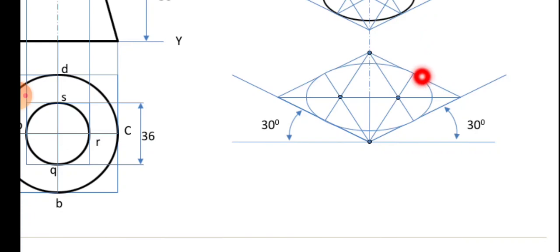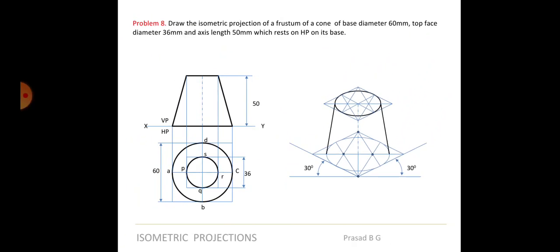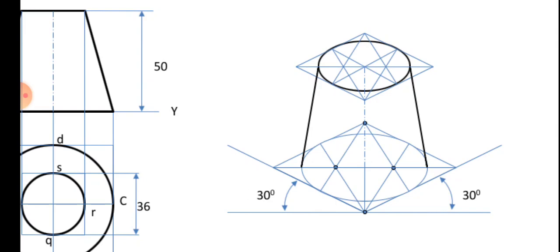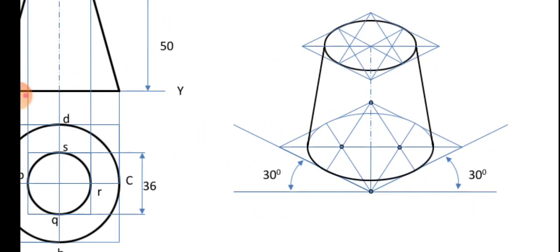So inner portions will be light. Okay, so you can see the projections that have been drawn, they have to be tangent. This portion will be dark, the inner portion will be light. So this will be the final projection, the isometric projection of a frustum of a cone.